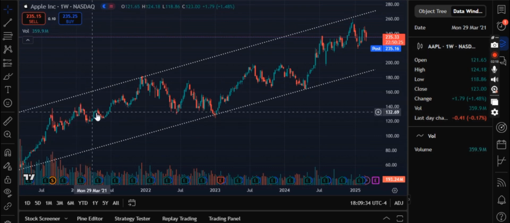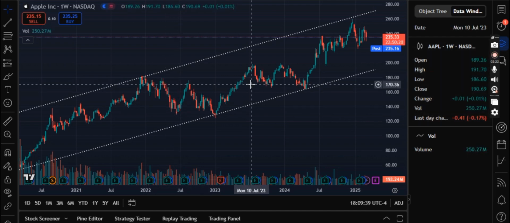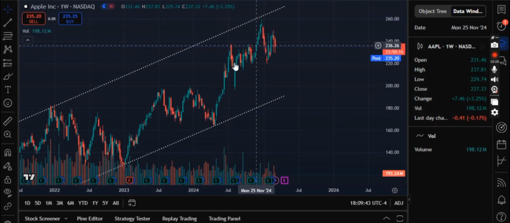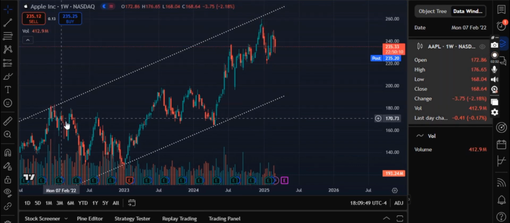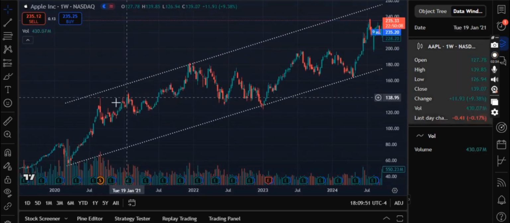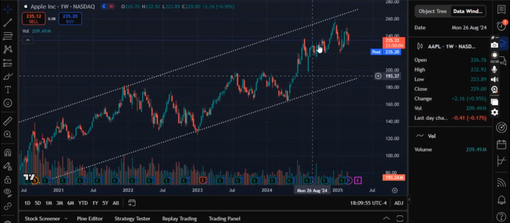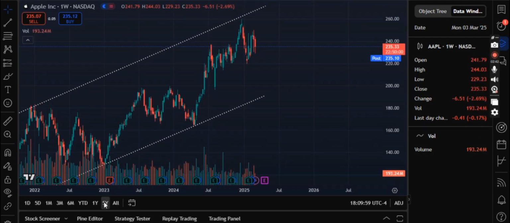It's a kind of predictor as to the highest or lowest point that this particular market would go. As we see, when it touches the top, it falls, as we see here as well. When it touches the bottom, it rises. So the first thing you do is you draw the trend line.